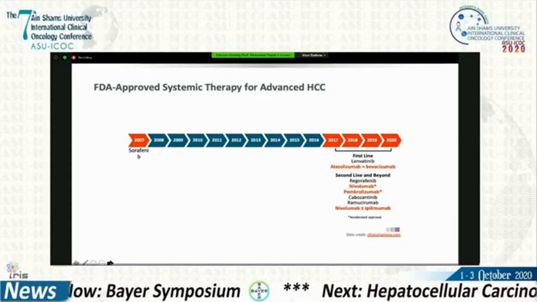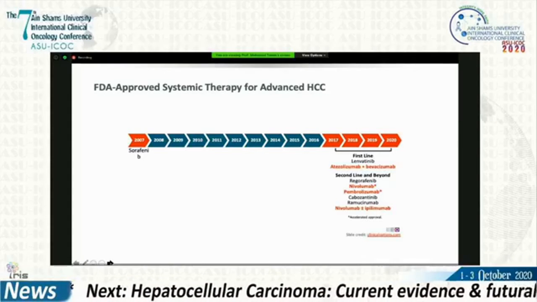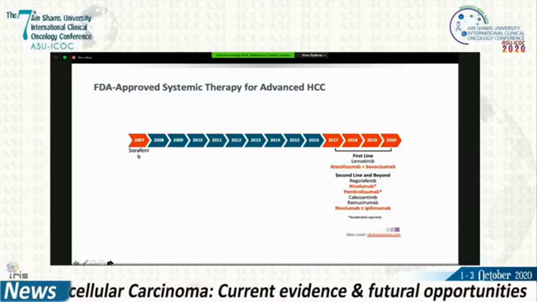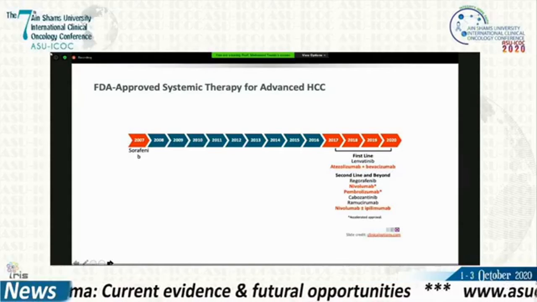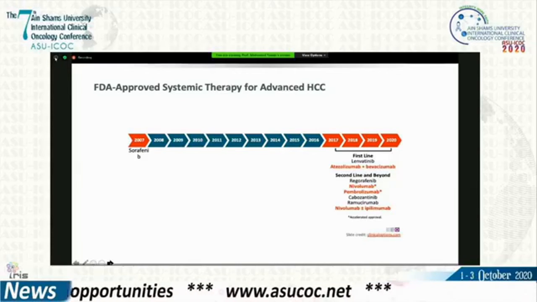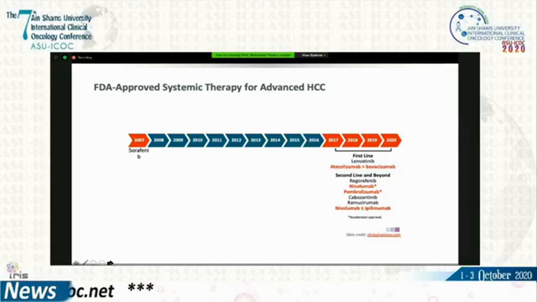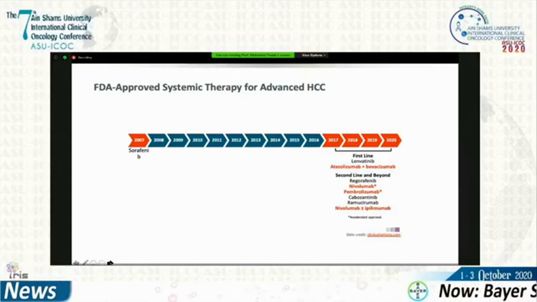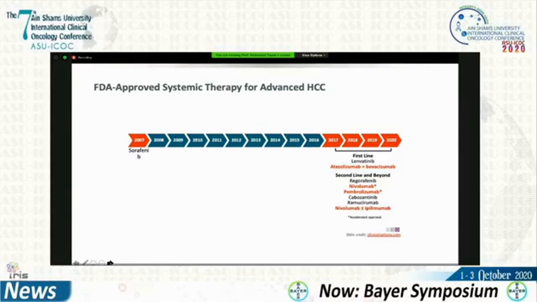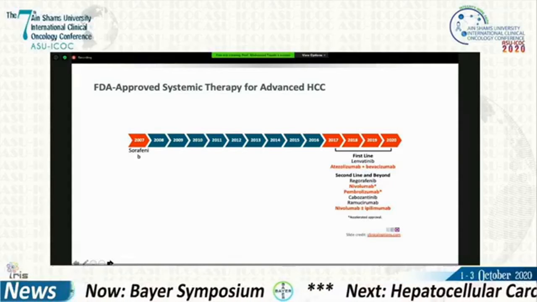As we see here, the first approved systemic therapy for HCC was sorafenib, based on the SHARP trial by Professor Louvet in 2007, and the approval was in 2008. Then for 10 years, we had negative phase 3 trials, and the only dogma for treatment of advanced HCC was sorafenib, until the non-inferiority REFLECT trial and the approval of lenvatinib in first line.